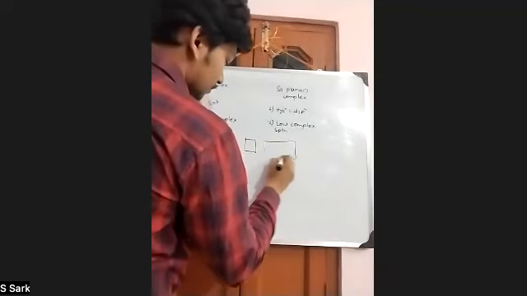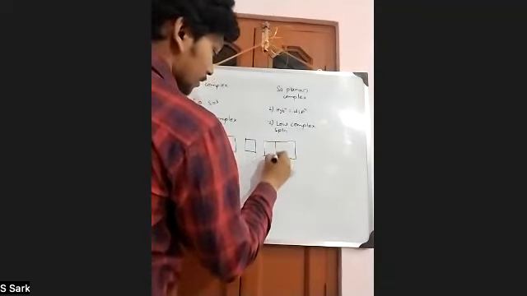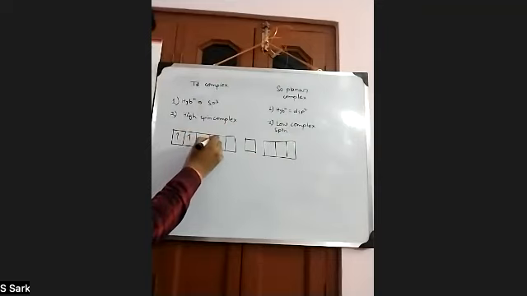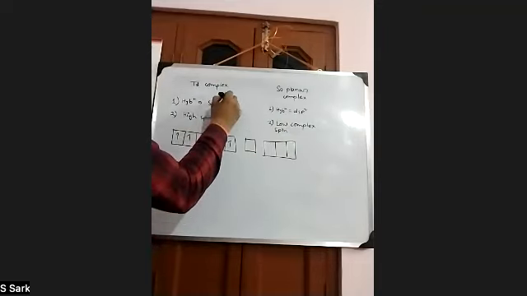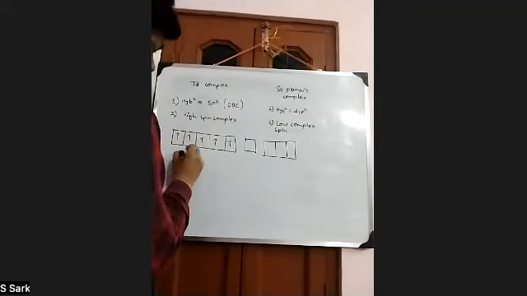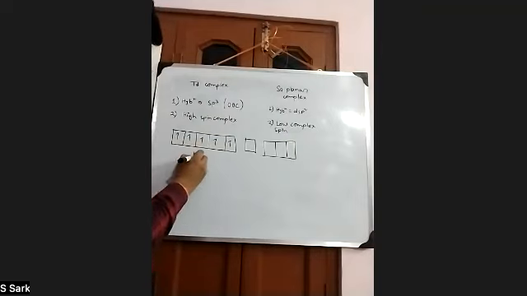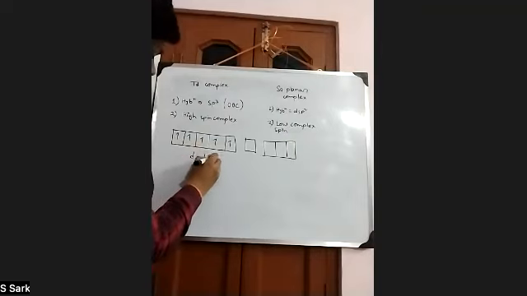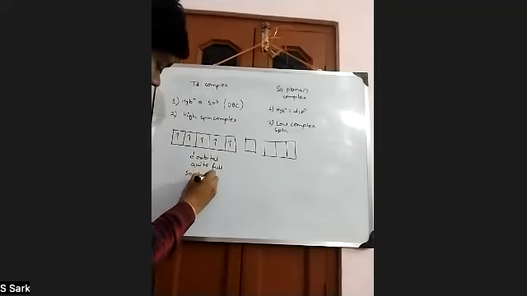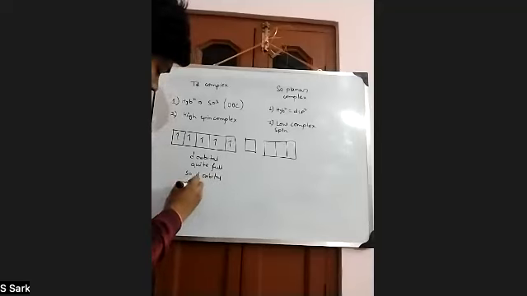In case of a tetrahedral complex, it is always an outer orbital complex, OOC. In this case, the d orbital is quite full, so the inner d orbital does not participate in the hybridization.